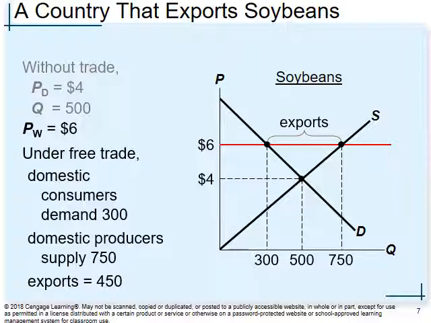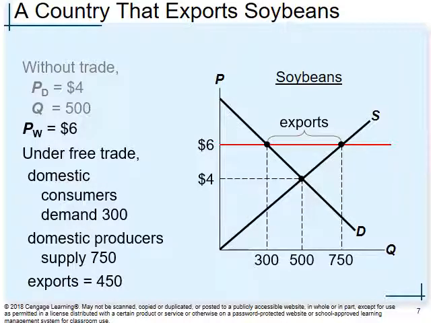Why? Because the price has risen from 4 to 6, and the farmers could produce soya beans and it's profitable for them to sell at a higher price, and that will generate profit. So that's why the quantity supplied has increased from 500 to 750 compared with the previous equilibrium.